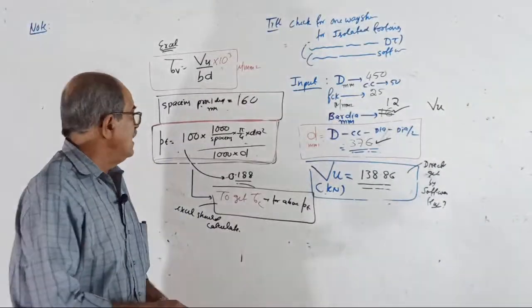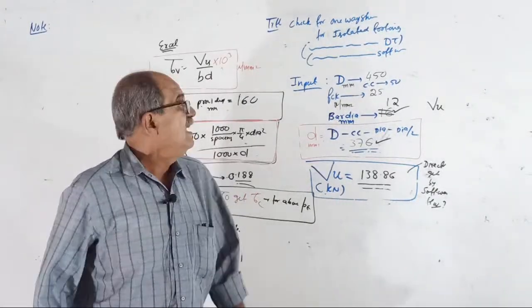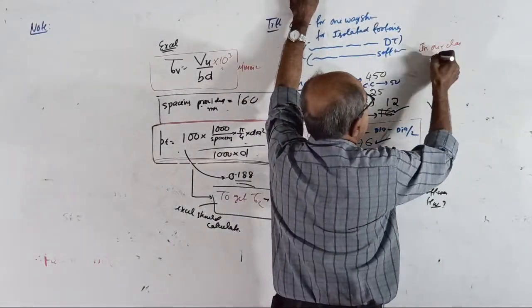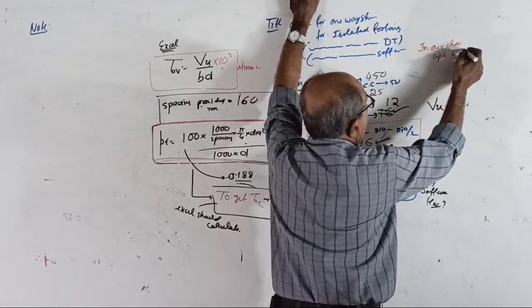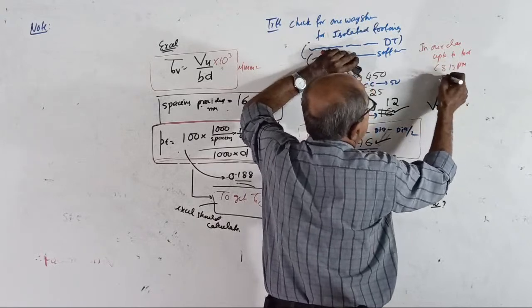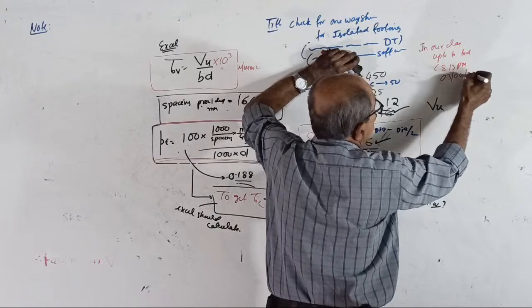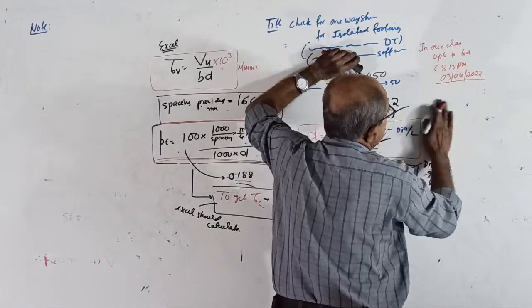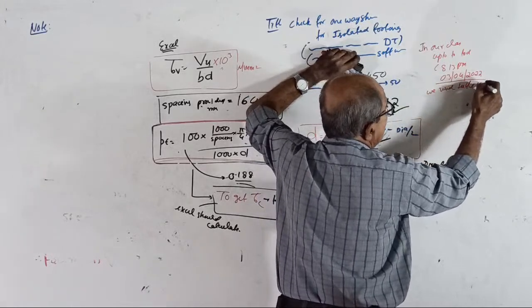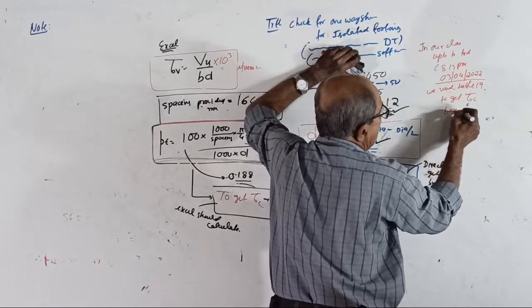No, not required, because make a note. In our class up to today, that is 8:13 p.m. on 03/04/2022, we used table 19 to get tau C based on PT.